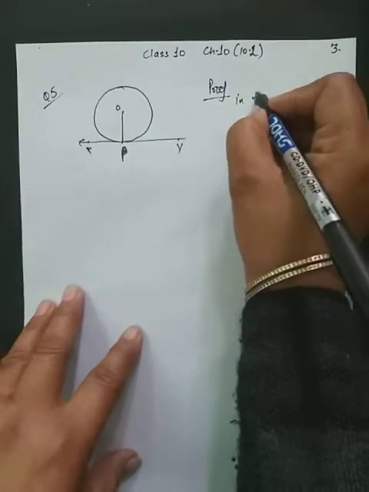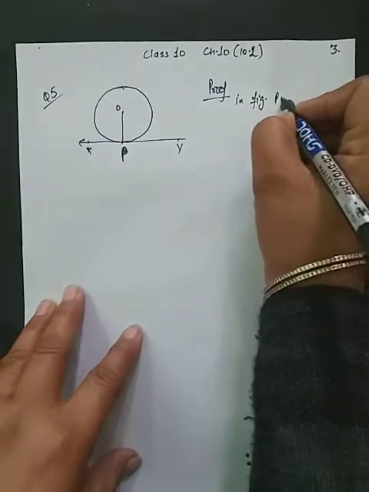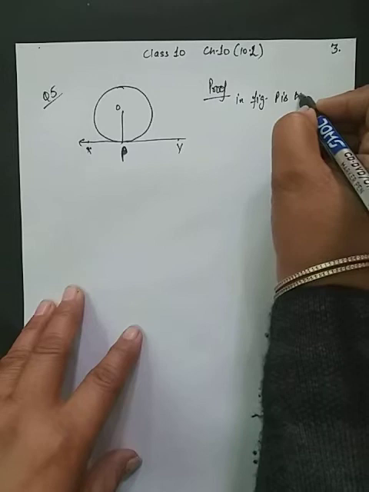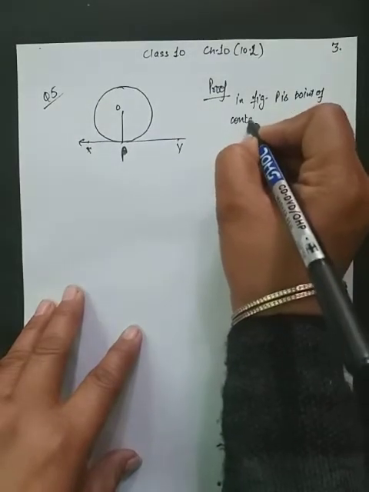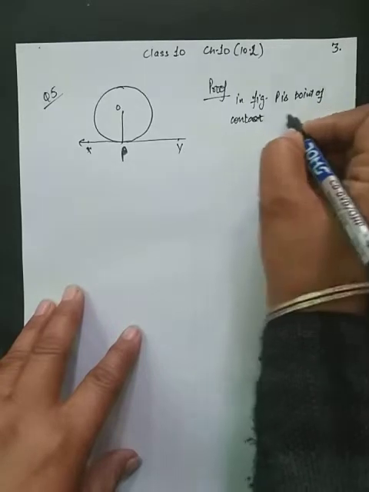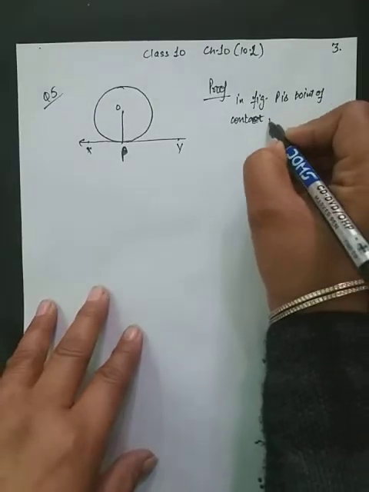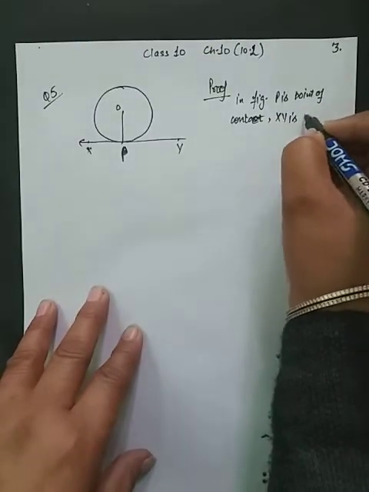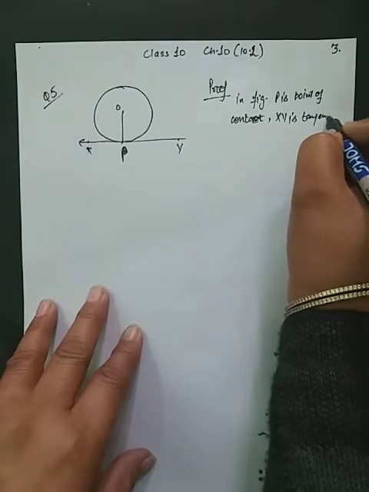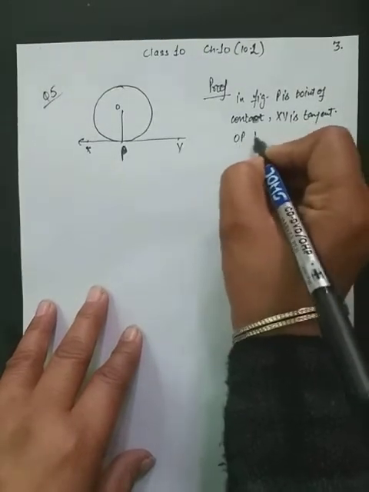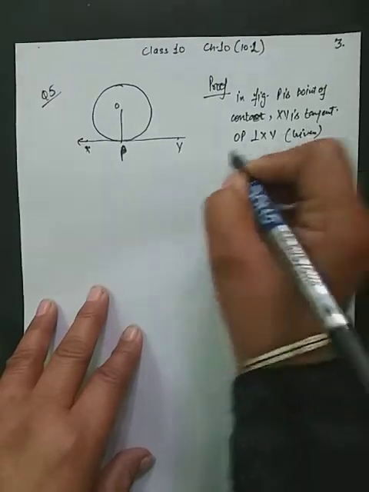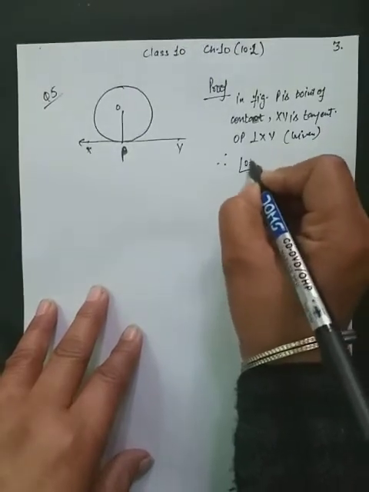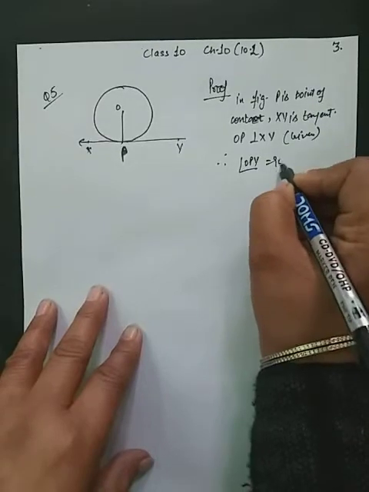In figure, P is point of contact, XY is tangent and OP perpendicular to XY. This is given. So therefore angle OPY is equal to 90 degree.